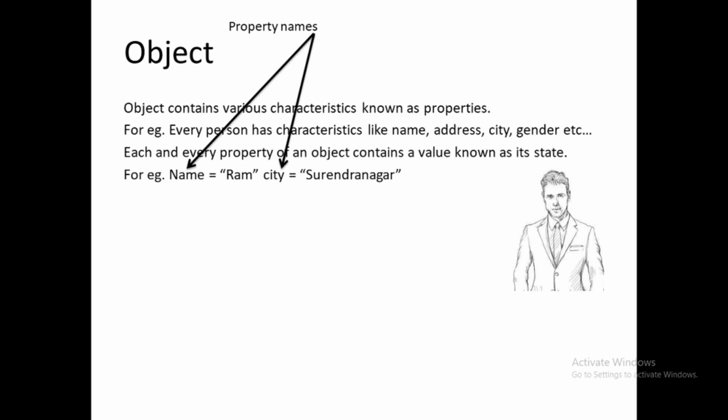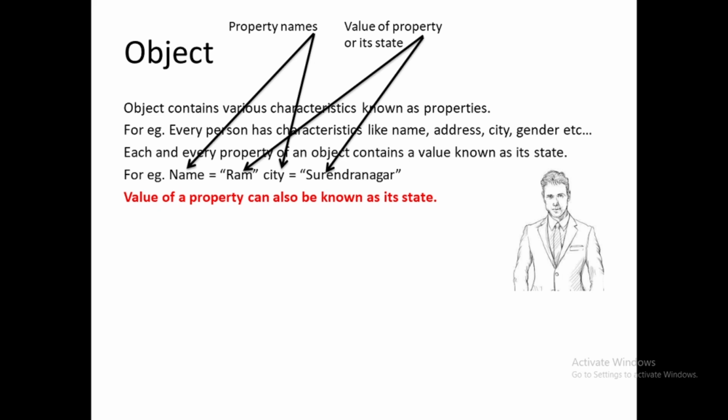For example, suppose this image is given, the name of this person is Ram and he lives in Surendranagar. So name and city are the attributes or properties, whereas Ram and Surendranagar are the values. Remember, the value of a property is also known as its state.